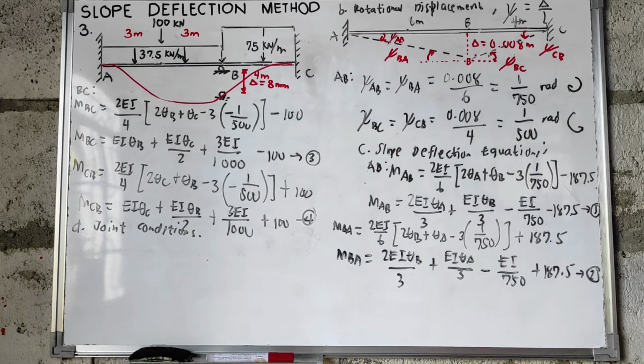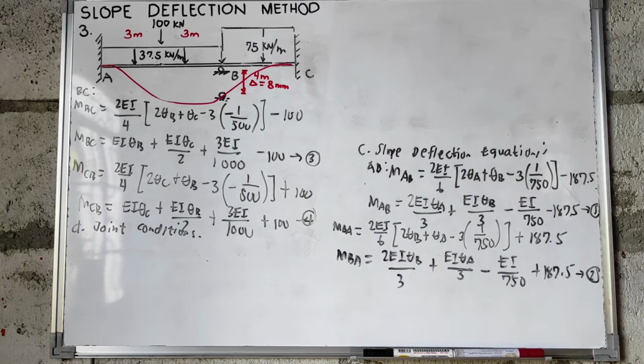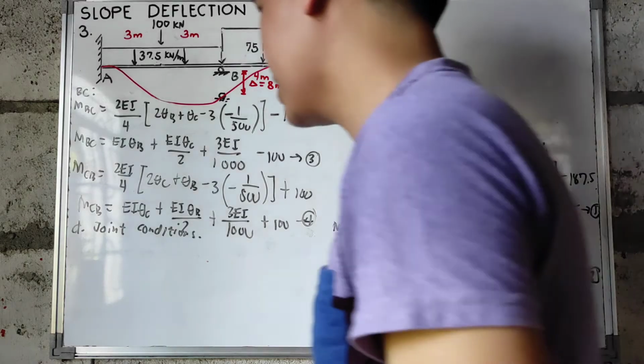After that, sa mga joint conditions natin, dun natin makukuha yung value ng mga slopes natin. And then, substitute natin yung value ng mga slopes natin, makukuha natin yung mga values ng end moments natin. So, let's solve. So, joint conditions muna tayo.